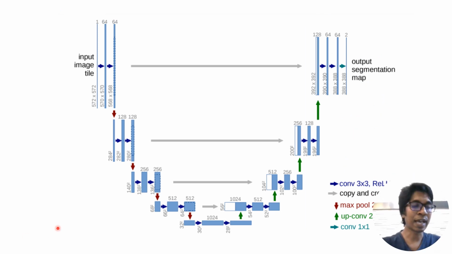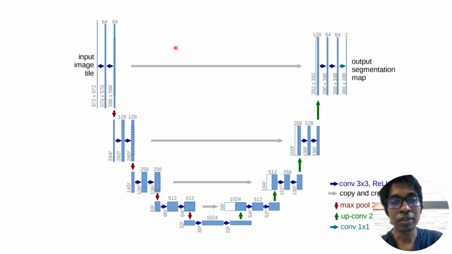This is the formation of the U-Net model, with the left side and right side taking the segmentation.